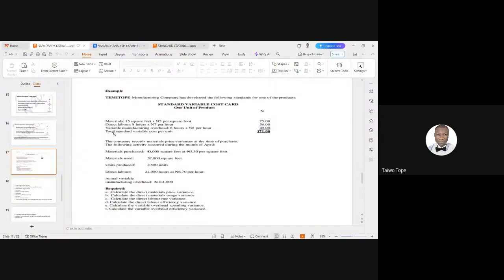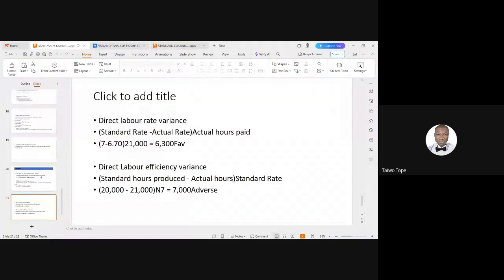The data are there. Variable manufacturing overhead is given to you in the form of standard, and the actual variable manufacturing overhead value is also given. So you can solve. You can screenshot. Let's go and look for assignment 2.